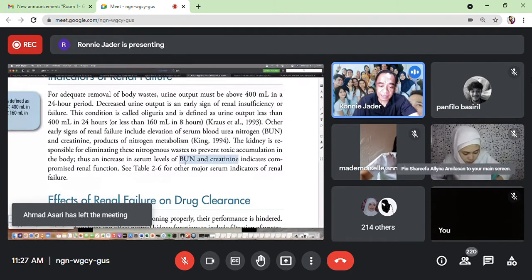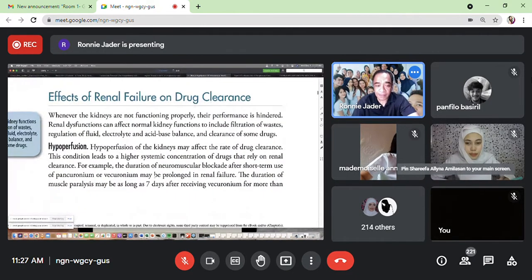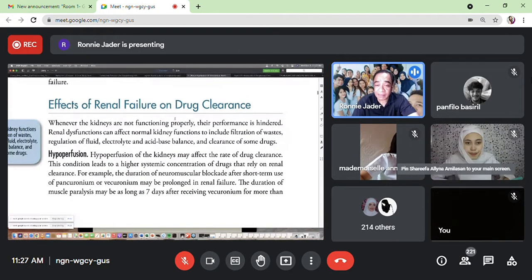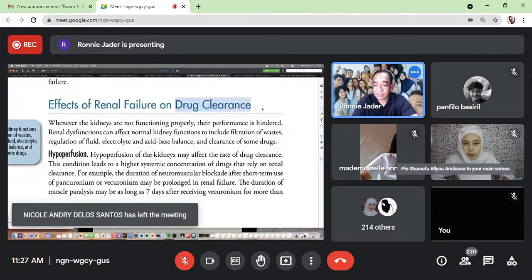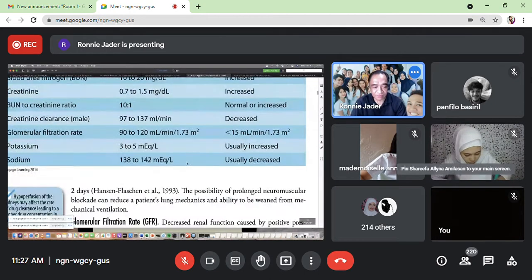BUN means blood urea nitrogen, and creatinine. Pag mataas yung BUN and creatinine, baka meron kang renal failure. At kapag meron kang renal failure, apektado din yung mga drug clearance. Yung mga gamot na dapat lumalabas sa ihi, hindi niya na ilalabas. And so on and so forth.